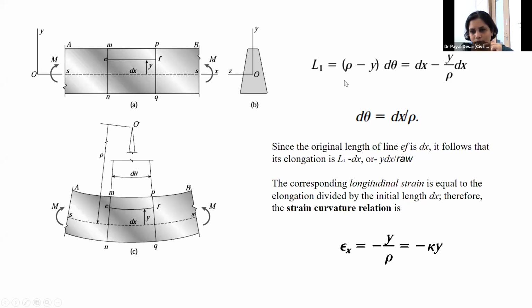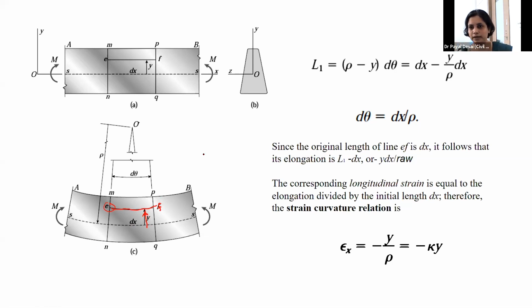So L1 here you may see, I want to write how much is the change in the length away from the neutral axis, that is distance y. So EF is one fiber of the beam away from the neutral axis. How much is the change in the length?